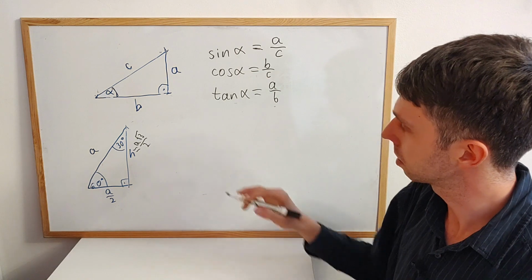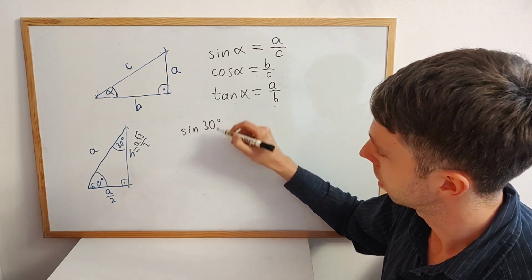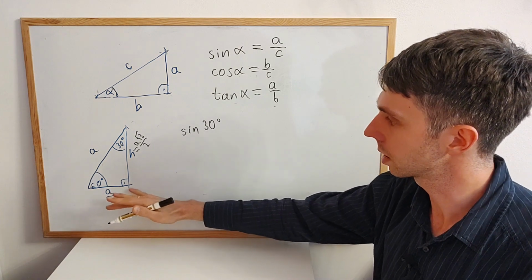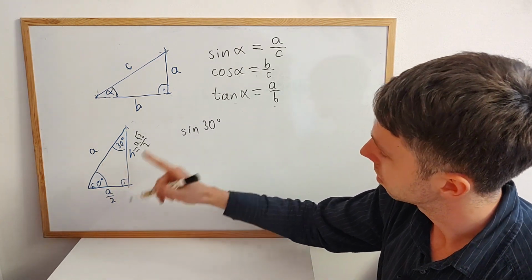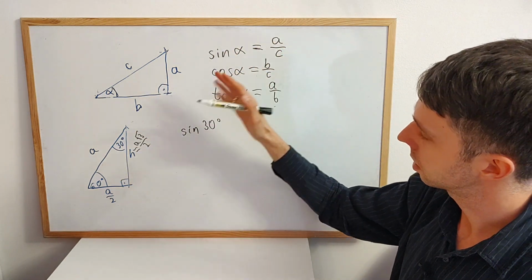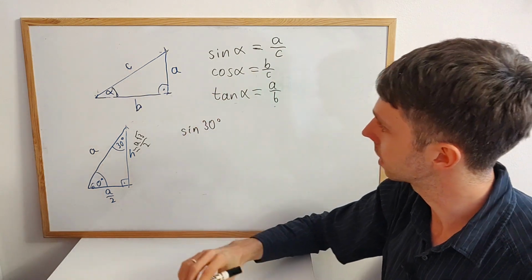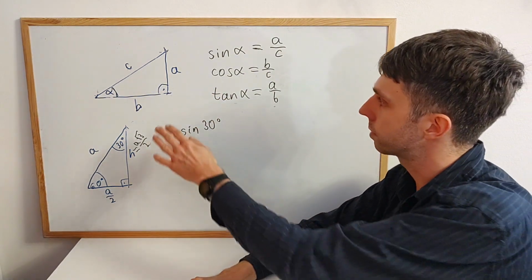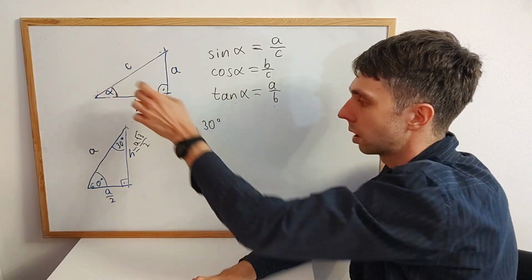Okay, so now suppose I want to calculate what is sine of 30 degrees using this picture. So remember, a over c is not necessarily a over c, it can be different letters, and it doesn't have to be the one on the right hand side by the top one.